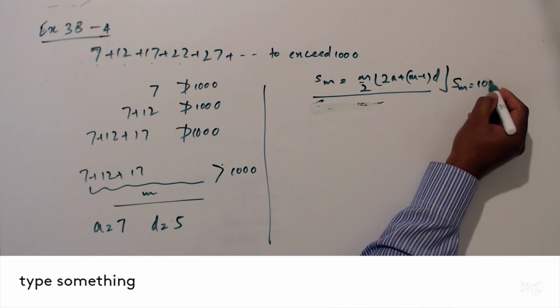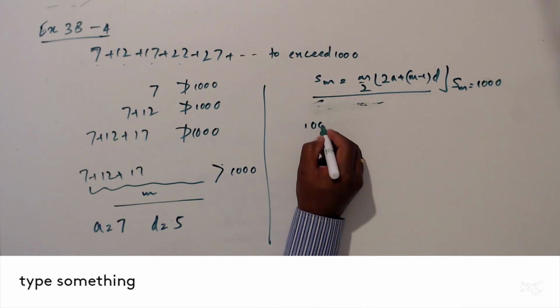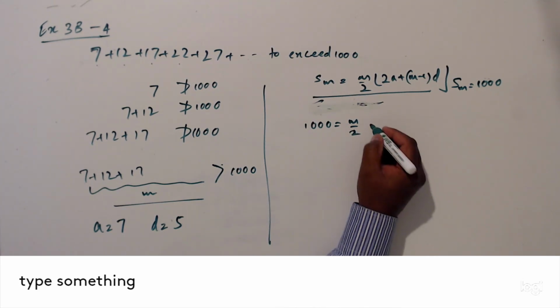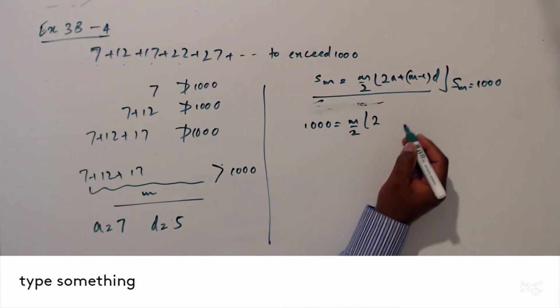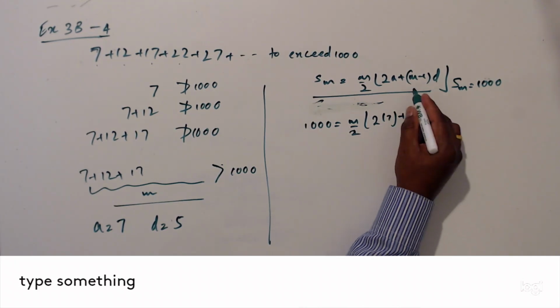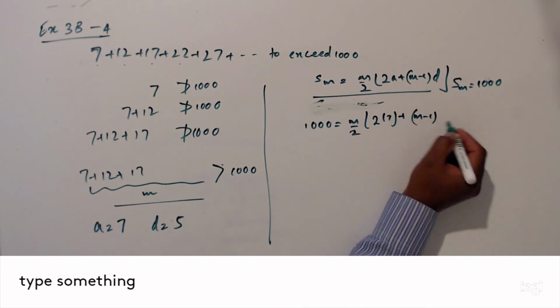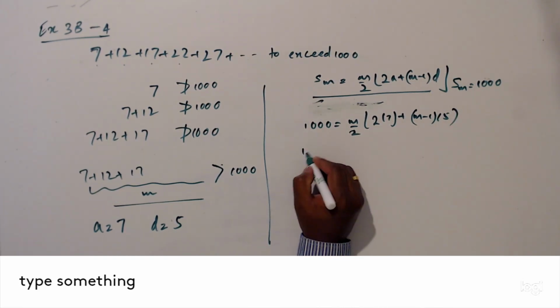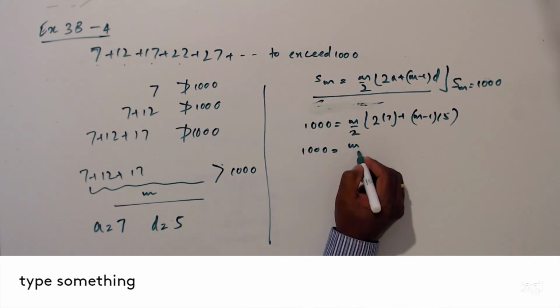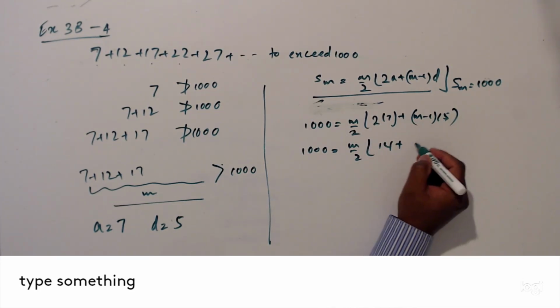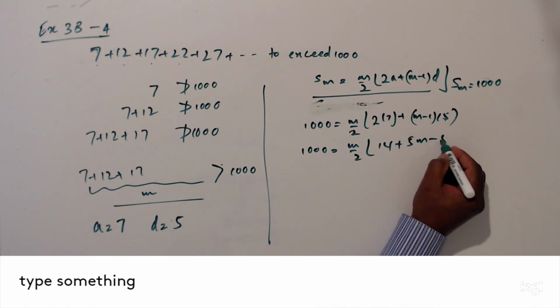Sm is 1000, so 1000 equals m divided by 2 times (2 times 7 plus (m minus 1) times 5). 1000 equals m over 2 times (14 plus 5m minus 5).